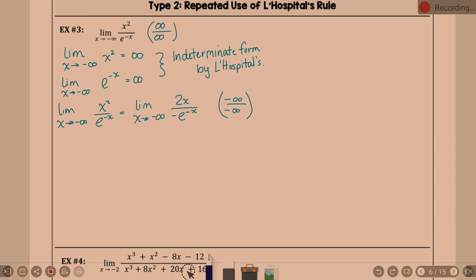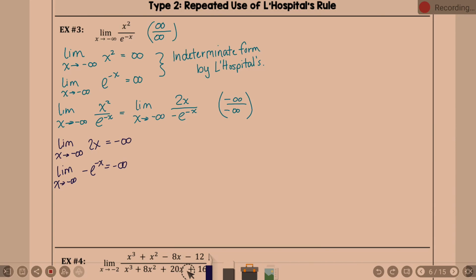So, the limit as x approaches negative infinity of 2x is equal to negative infinity. That was my numerator. The limit as x approaches negative infinity of negative e to the negative x is equal to negative infinity. Again, I'm teaching it, okay, guys? You have to. I'm not a fan of writing all the fluff out either.